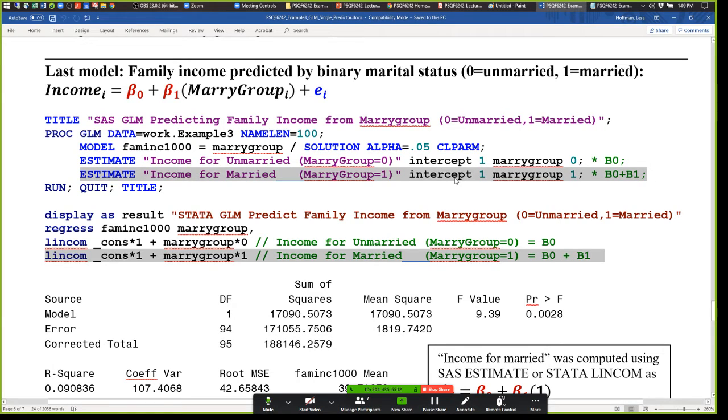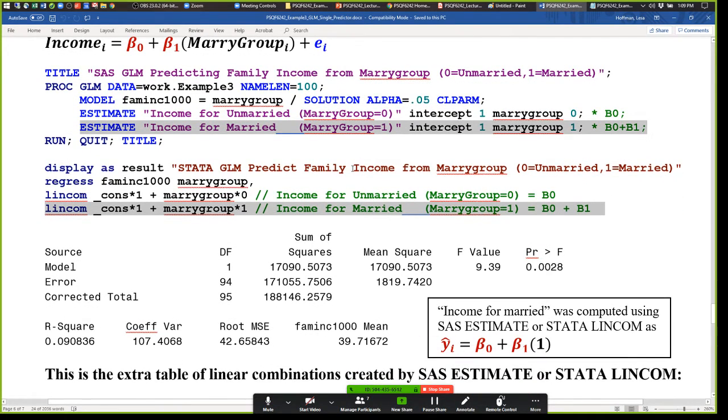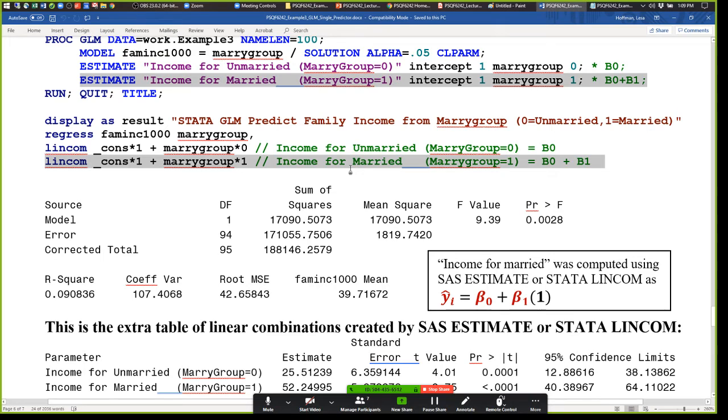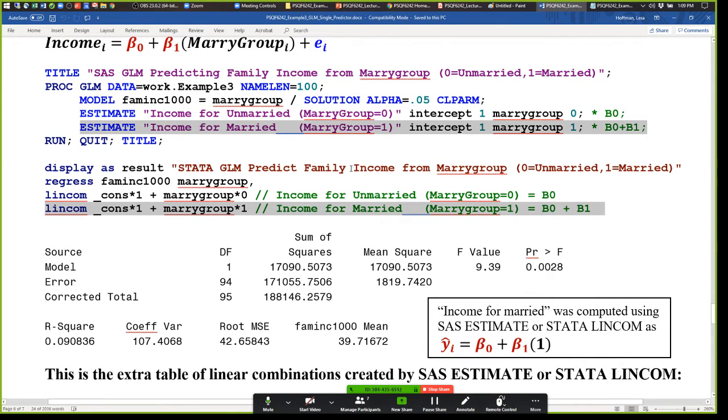So yes, the second line is saying, can you give me the result of the intercept plus the slope for Mary group times 1? And it does that math for you, and it gives you the standard error for that new number. So it's a linear combination of model fixed effects that we're asking for. Now we have all three things we could possibly want to know.